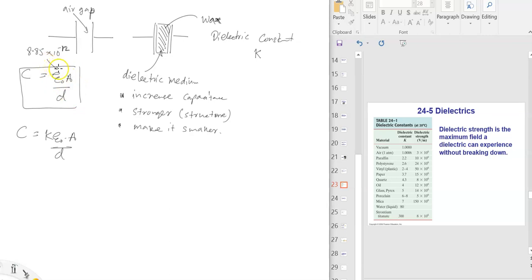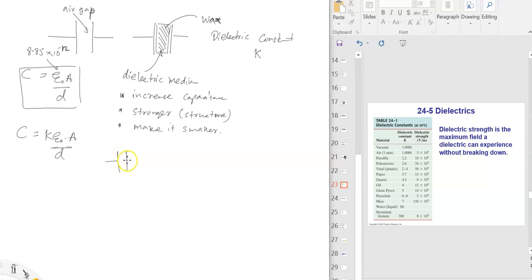Paraffin 2.2, polystyrene 2.6, vinyl 2 to 4, paper, so and so. You see different numbers. Go to strontium titanate, very high number, 300. So what's the advantage? Let's say we have a capacitor, for an example.